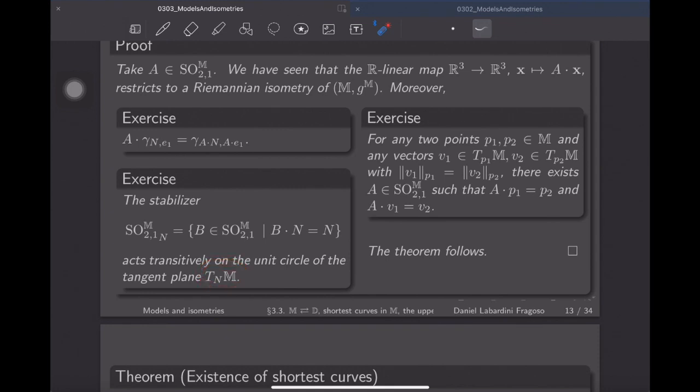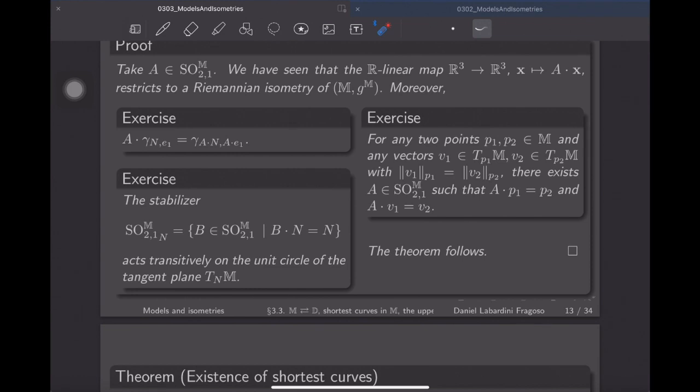And you see, if I take an element of the restricted Lorentz group, and that element fixes the point, well, in particular, it sends this tangent plane to itself, and it preserves lengths of vectors. So it takes the circle to itself.